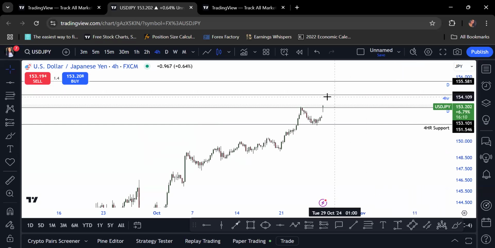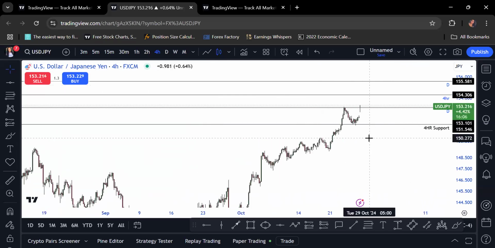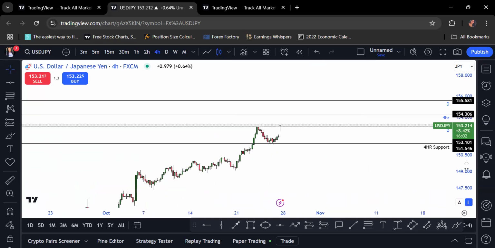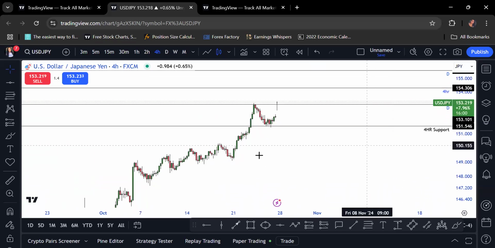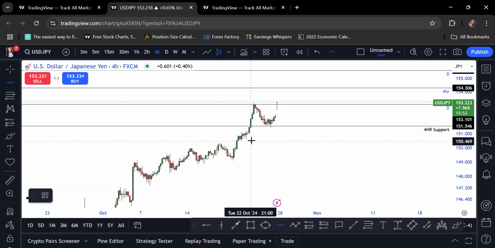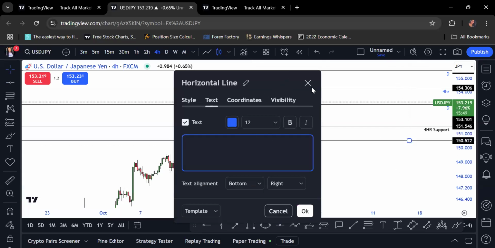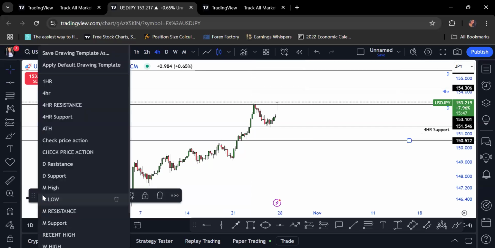This 4-hour level, we did do as a level with the line chart, but everything else is pretty much market structure. There's no need for me to put any more. I can put one down here just in case price does break below that 4-hour support, then we can just have this right here.